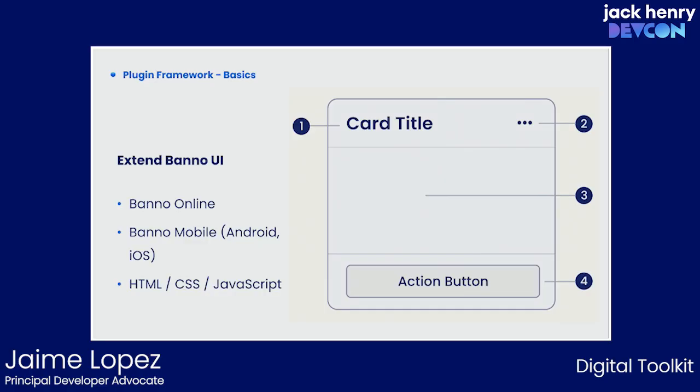So what they'll be building is a UI widget that looks kind of like what we've got on screen here. Each plugin card has a card title that is configurable, that's rendered and built by Banno itself, but configurable with your name goes here or your plugin card name goes here. There's an optional primary action button if you want to not just display information to the user, but let them take action on it.